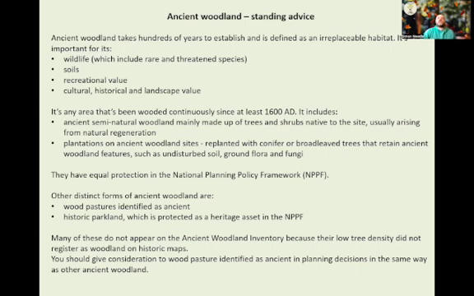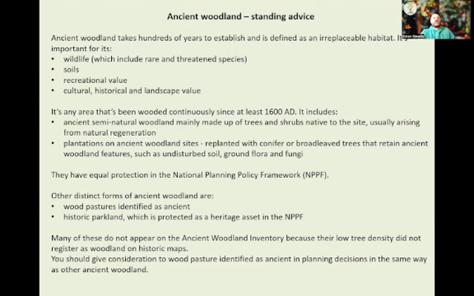They can be restored back to a more semi-natural woodland over time, and that is something that would be promoted through any sort of woodland management process. They have equal protection in the National Planning Policy Framework.